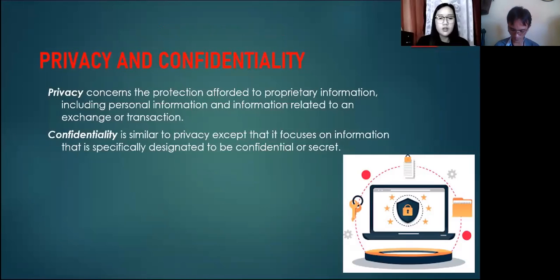And the last reason is that information obtained in e-business exchanges may be captured without the information provider's knowledge.